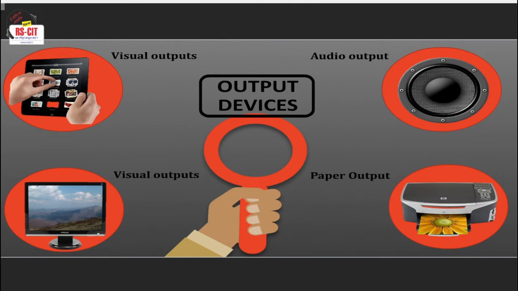Output can be audio as well as visual. Visual outputs include text, graphics, and video. Audio output includes sounds, music, and synthesized speech. Most common output devices are monitors, printers, and speakers. We will discuss each of them one by one.